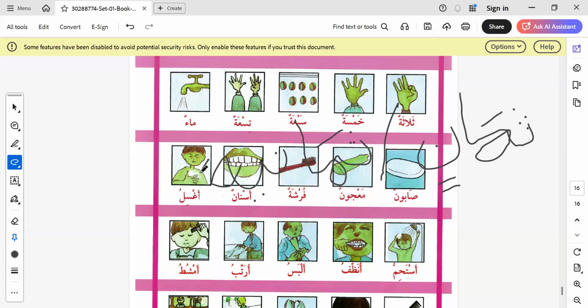Manqus is a kind of noun that ends in ya, and before the last letter is a kasra. So if you have it in the rafa case, in the ma'rifa case, it's going to be athamani.